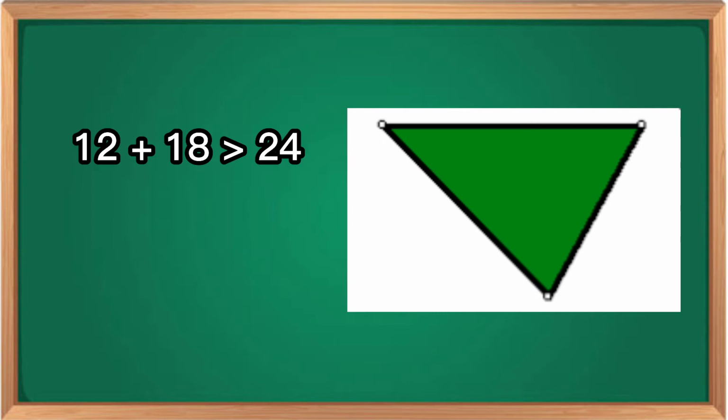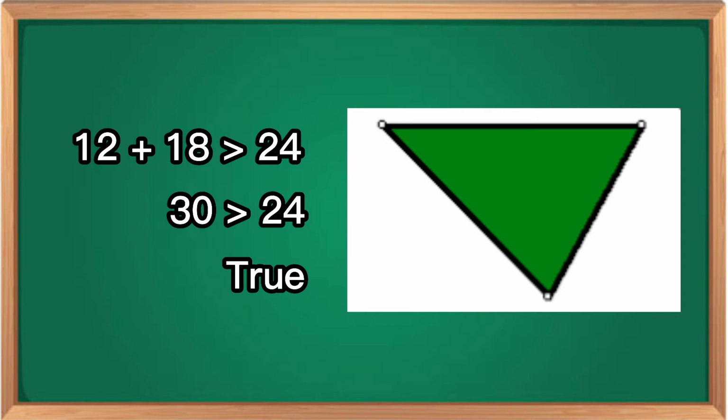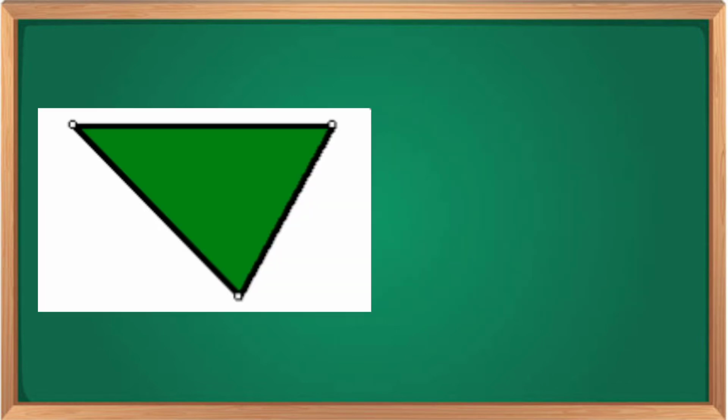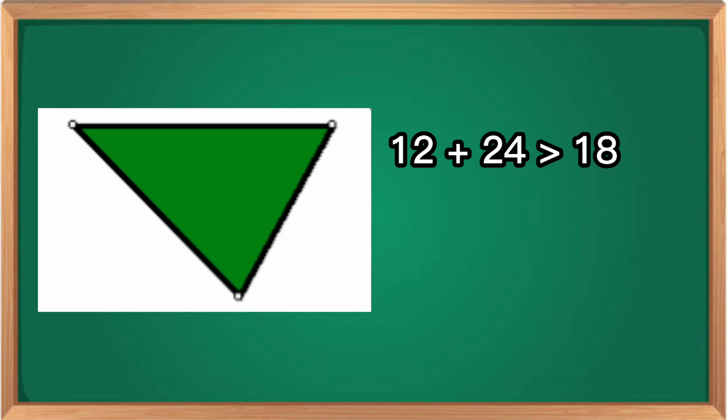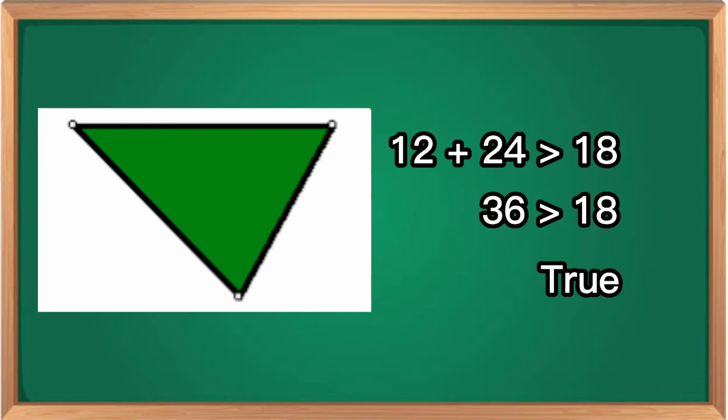Yes, you're right, because 12 plus 18 is equal to 30, and 30 is greater than 24. How about this? Is 12 plus 24 greater than 18? Yes, you're right, because 12 plus 24 is 36, and 36 is greater than 18.